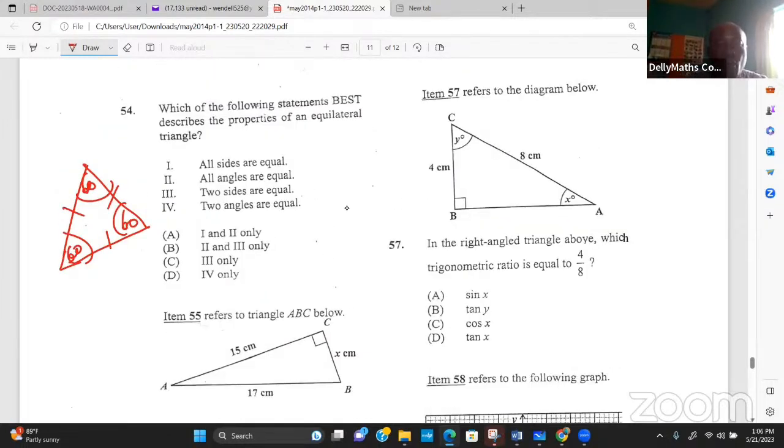All sides are equal, I agree. All angles are equal, I agree. Two sides are equal, two angles are equal. No. So I agree with 1 and 2. All sides and all angles are equal.